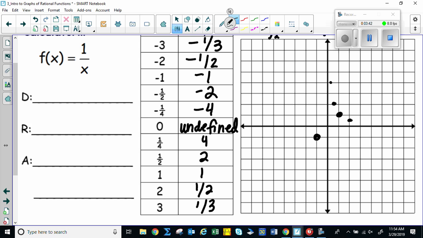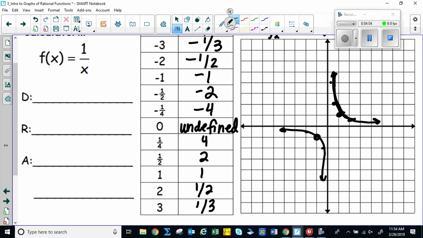And then I'm going to get kind of this mirror image down in the 3rd quadrant. So something kind of like this and kind of like this. And I'm going to end up with these curves that approach the axes but do not cross or touch them. This is not very pretty. I think I need to orient my board.